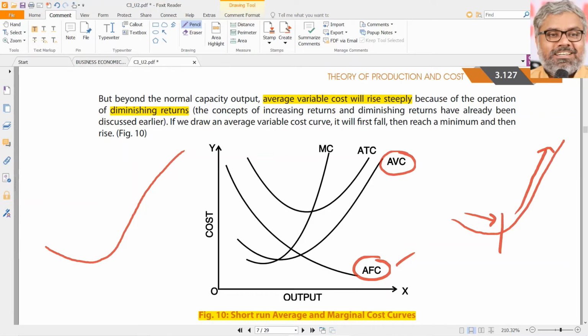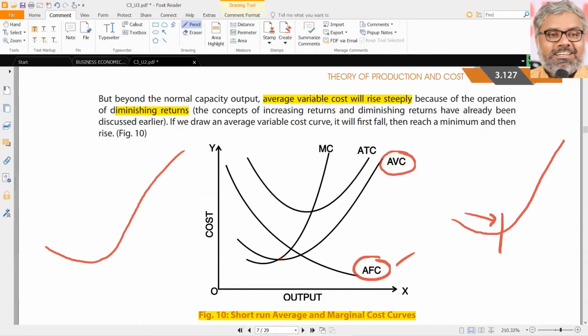So the bad phase is what? This. Of course, that is where they will operate. But that happens. Where to stop, that they will decide. But this is what happens in the phase of diminishing returns, which we already discussed. So what happens in the case of average variable cost is, basically it will fall, then it will reach a minimum, and then it will rise. That's it. So average variable cost is here reaching the minimum where it started rising afterwards.